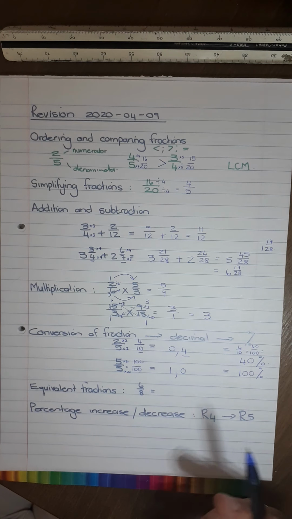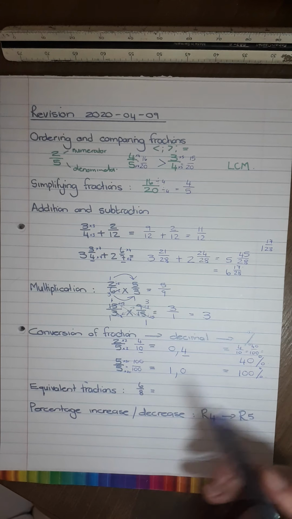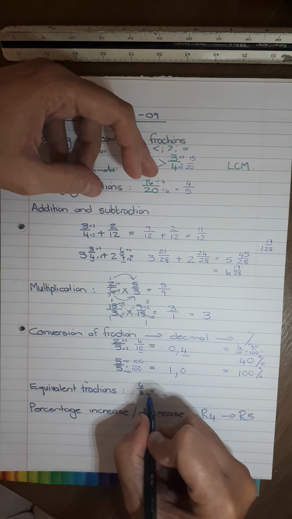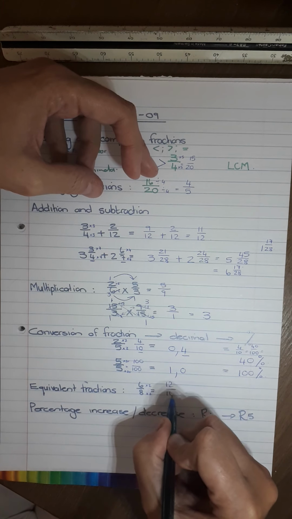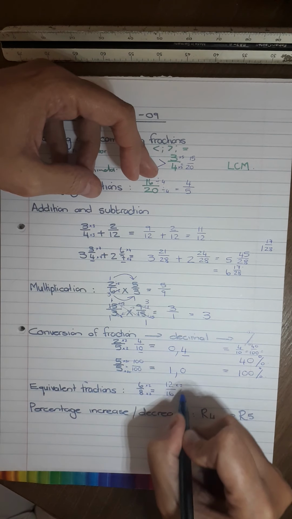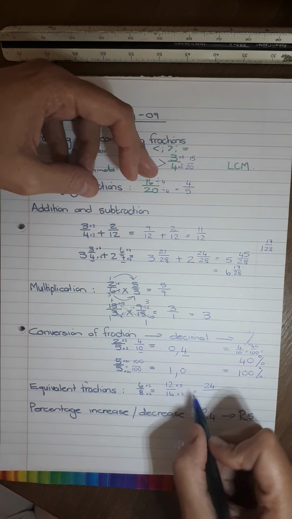Okay, next step, equivalent fractions. 6 over 8. If I tell you, give me an equivalent fraction to 6 over 8, then I can just say, well, times 2 times 2. 12 over 16, times 2 times 2. That will give me 24 over 32.